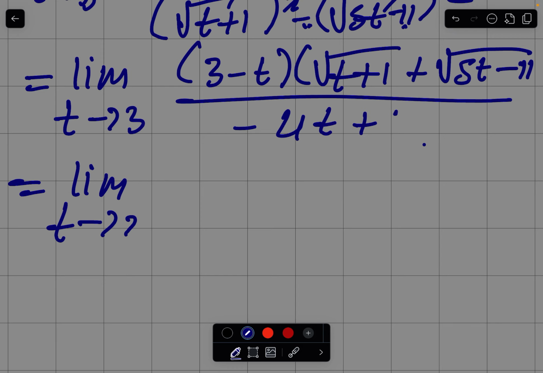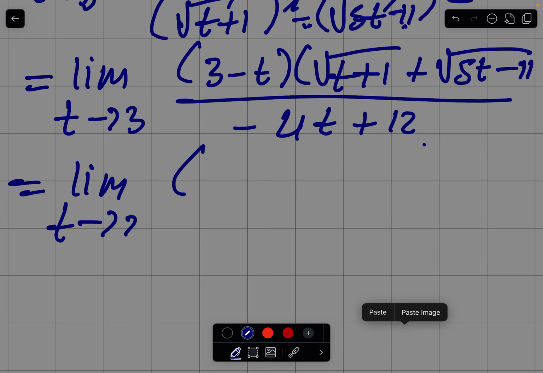Negative 4t plus 12, and I see a common factor of negative 2. If you remove a common factor of negative 2, you'll go somewhere. Or you just remove a common factor of 2, therefore you come again and remove the common factor of negative 1. Or there's no need. Actually it's common factor of 4, sorry.